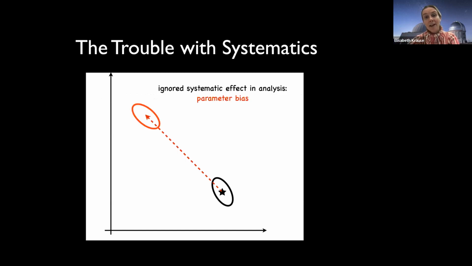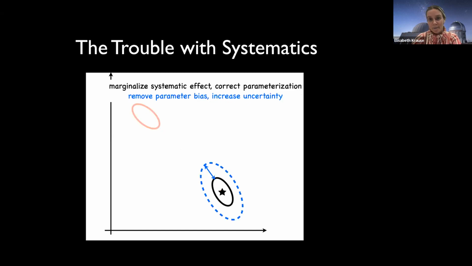If we had now ignored a systematic effect, then our analysis would have incurred a bias in the inferred parameters. In this case, we realize and say, there's a systematic missing. Let's put in a model, and then we marginalize over additional systematic parameters. At that point, we remove the parameter bias, but at the cost of increased uncertainty.